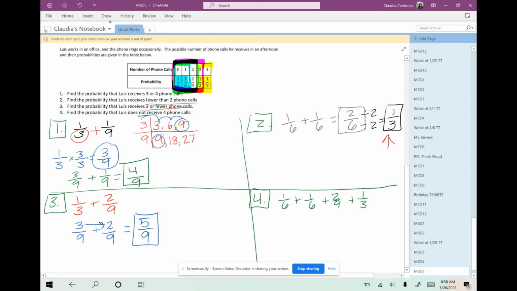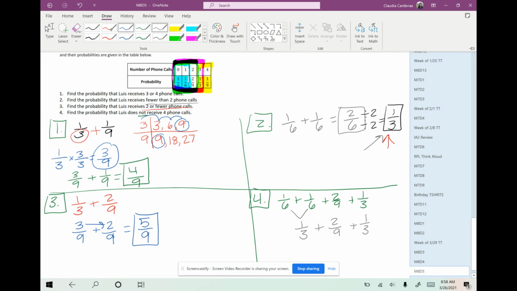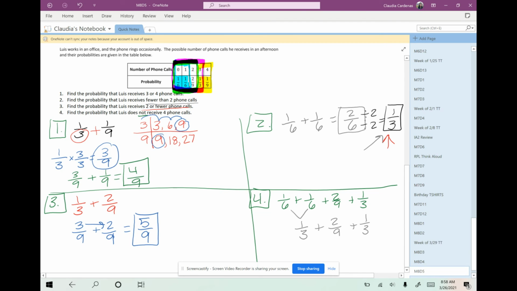Okay, so we already know what this probability is. We got this again up here, and that was 1/3 plus 2/9 plus 1/3. We're just bringing them down. And then we already know that 1/3 plus 1/3 rewritten with a denominator of 9 is 3/9, just like we figured out in the first part. So I'm going to rewrite that.